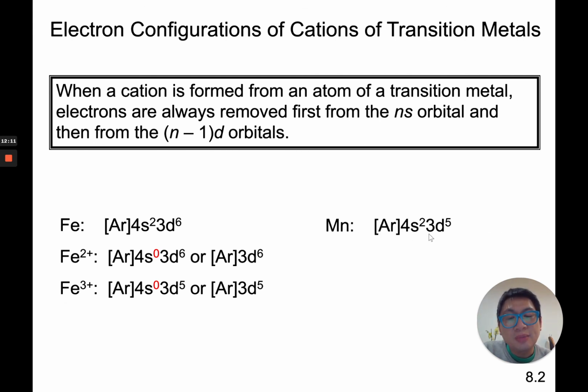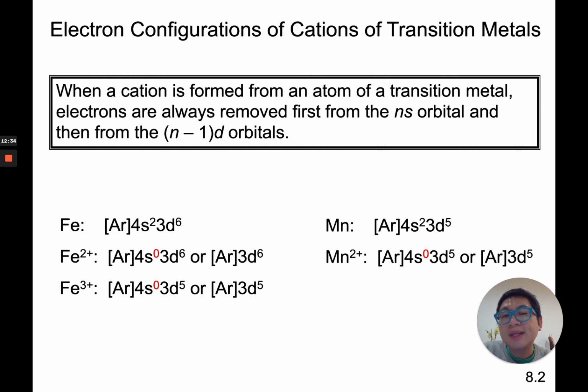This is regular manganese. If we're talking about manganese +2, what would the electron configuration of manganese +2 be? Well, it'll be this. We remove the electrons from the s level, the 2 electrons in the s level. So it'll be argon 3d5.